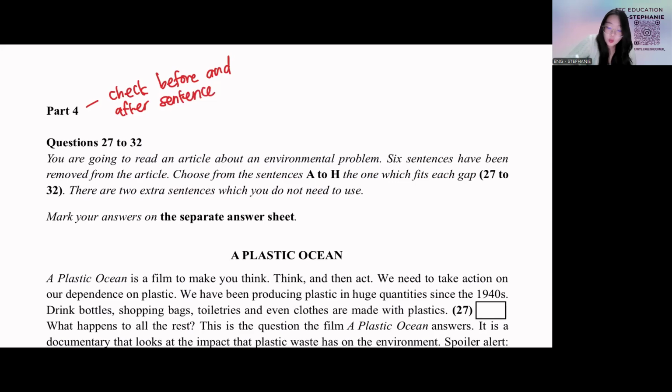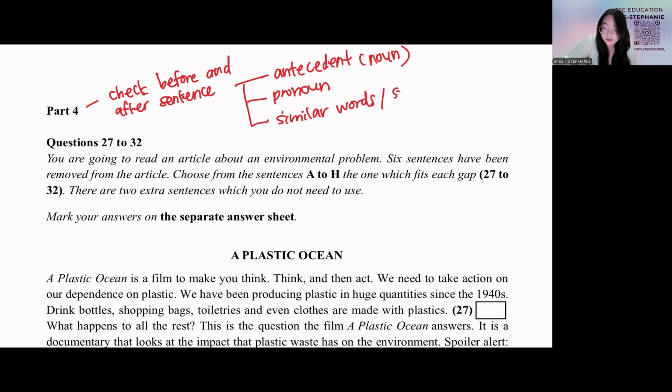Okay. Then what you need to find out is your antecedent, which is the word that comes first, usually a noun. Is there any pronoun? Kata ganti nama. Alright. And then the third one is similar words, or your synonym, or similar information.